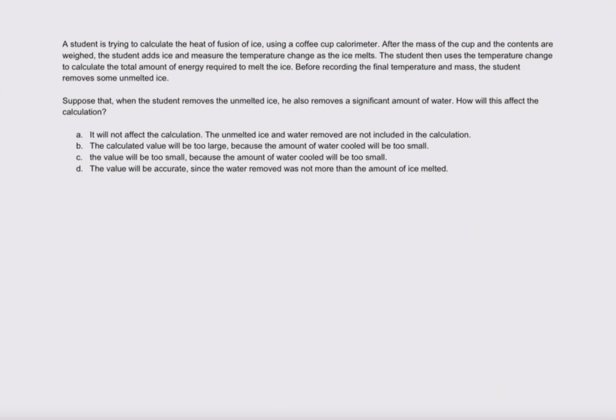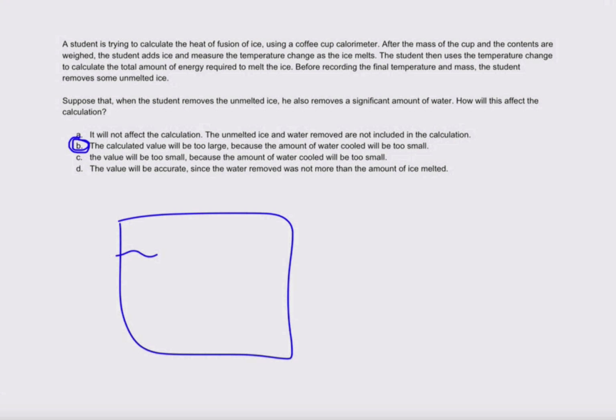So the effect here would actually end up being that you would think that the heat of fusion of ice is bigger than it really is. Because when you take the ice out and then you take the mass, you're assuming that the difference between what you started with and what you ended up with is the melted ice, but you're really measuring the amount of water in the cup.